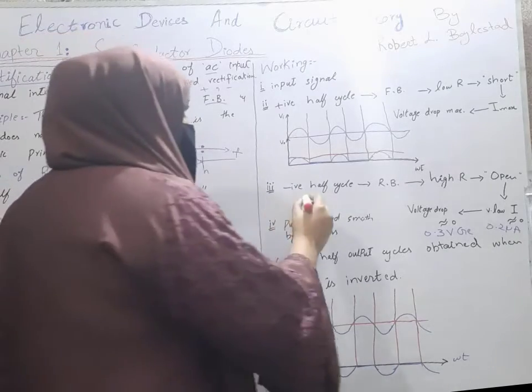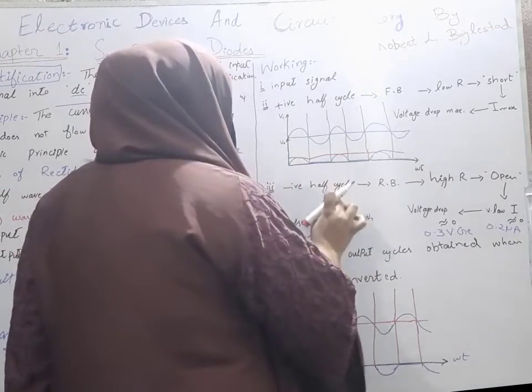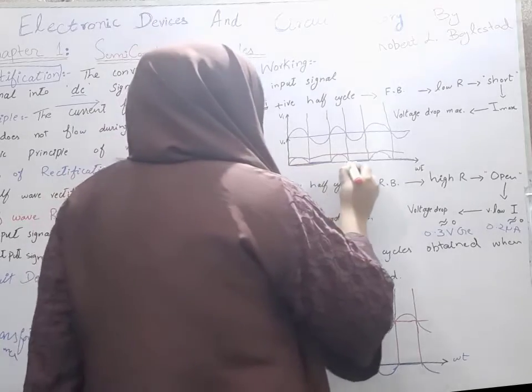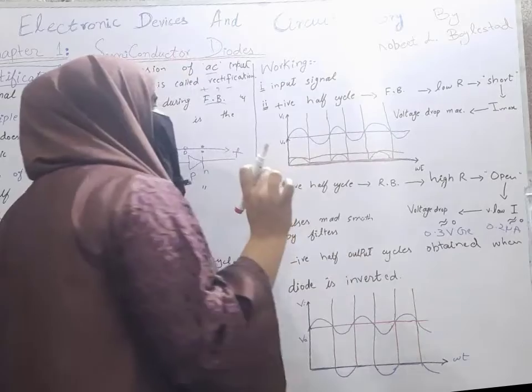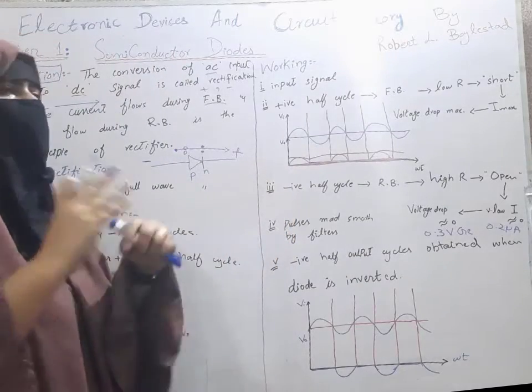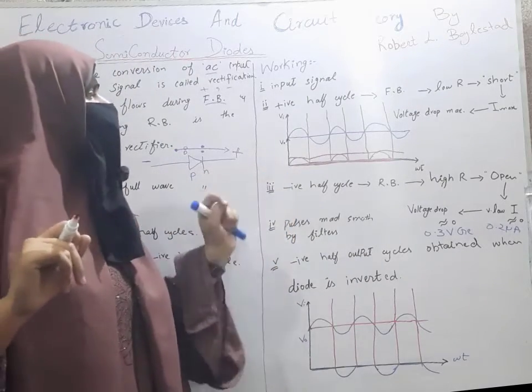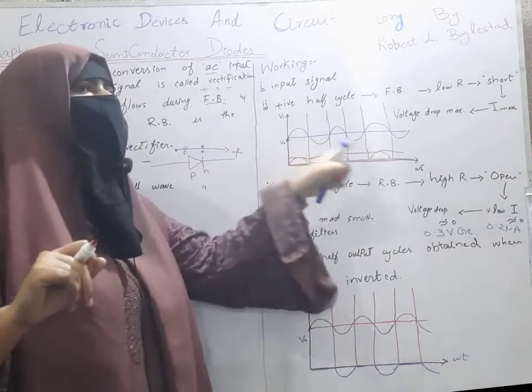Like over the negative half cycle, our output voltage will be 0 in this condition, and for the positive half cycle we will obtain positive pulses.